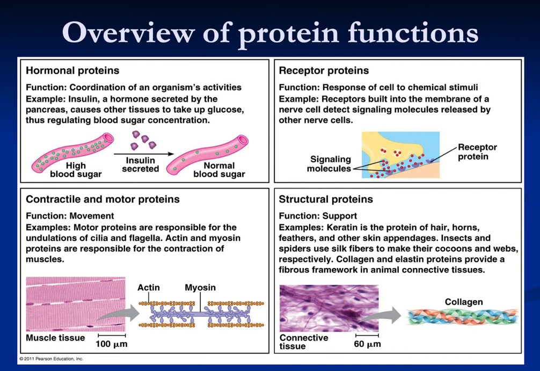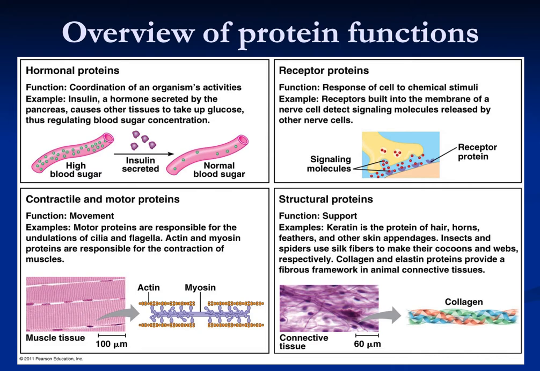Hormonal proteins. We have proteins that coordinate all kinds of activities in the body. Insulin, as I mentioned earlier, is secreted in the pancreas and causes other tissues to take up glucose, and it regulates our blood sugar concentration. So we need insulin. Insulin is that hormonal protein that allows us to unlock cell membranes to get blood sugar in there.